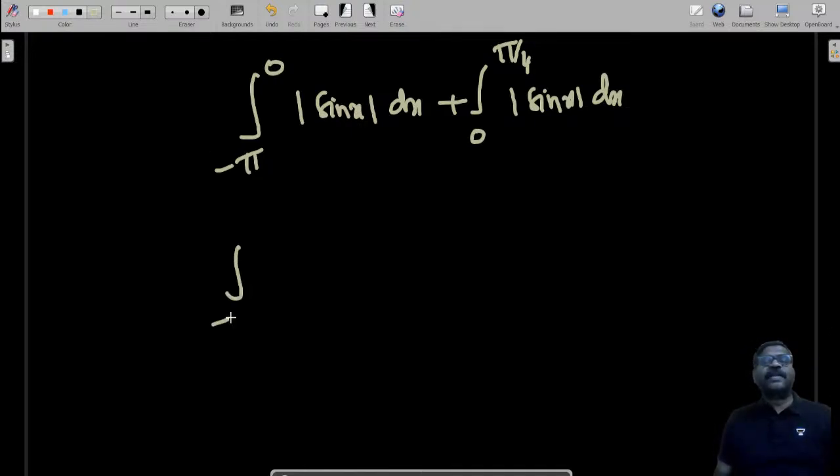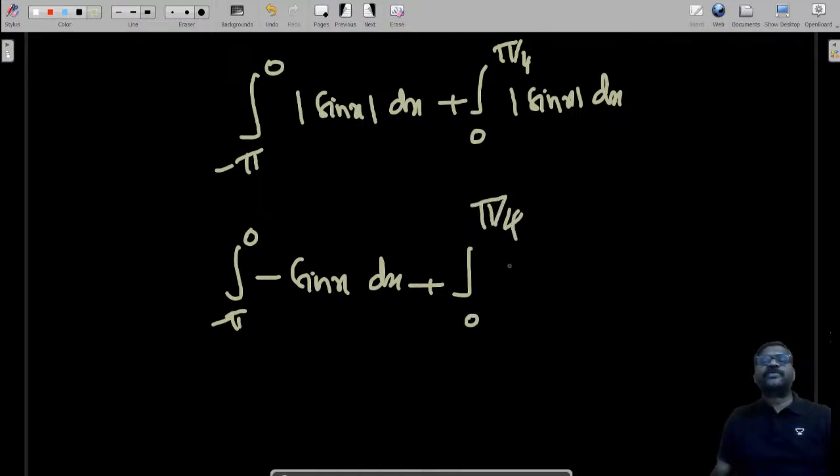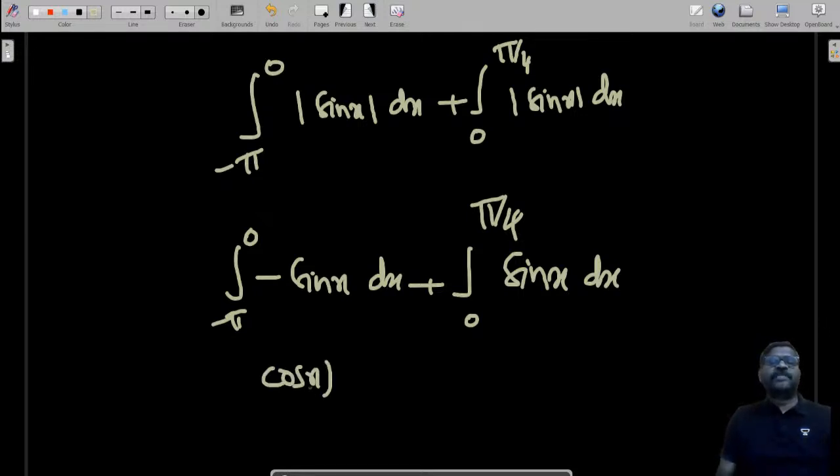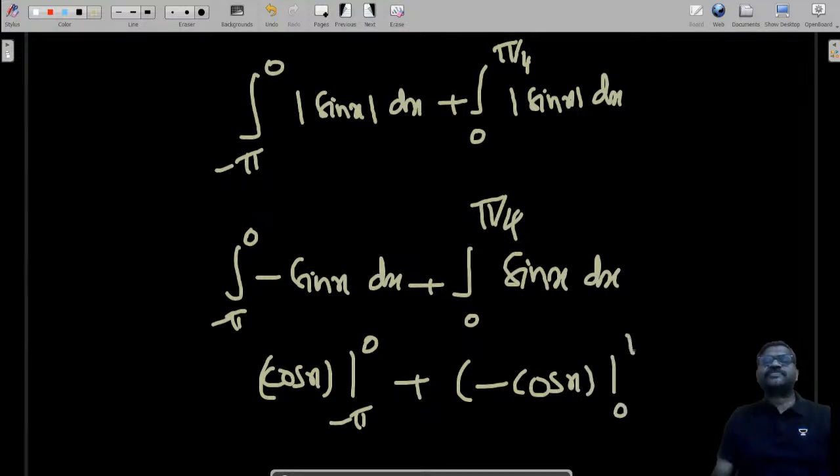In the interval minus pi to 0, mod sin x is minus sin x. In the interval 0 to pi by 4, mod sin x is plus sin x. Integral minus sin x is cos x from minus pi to 0. Integral sin x is minus cos x from 0 to pi by 4.